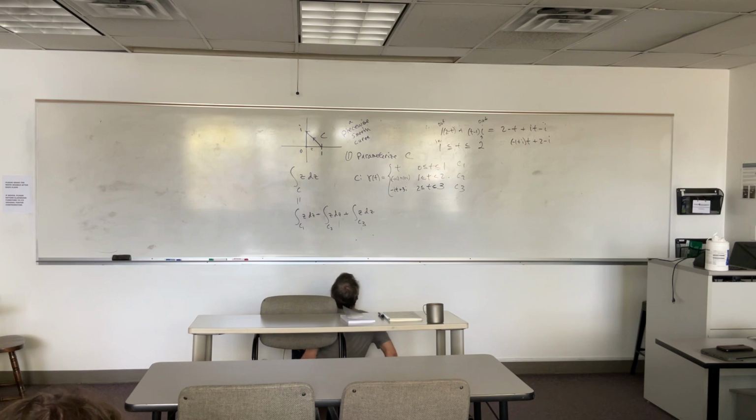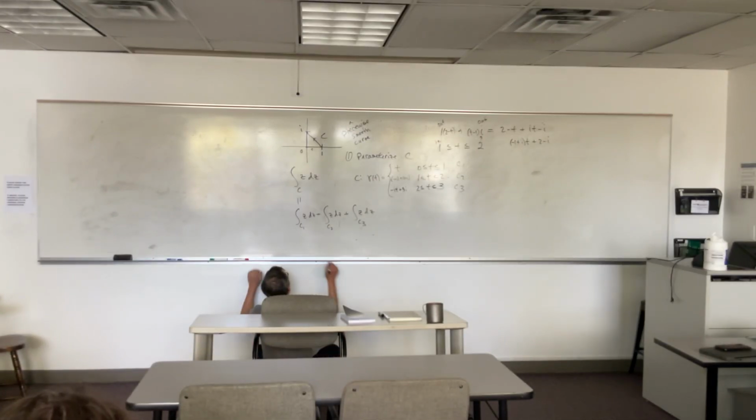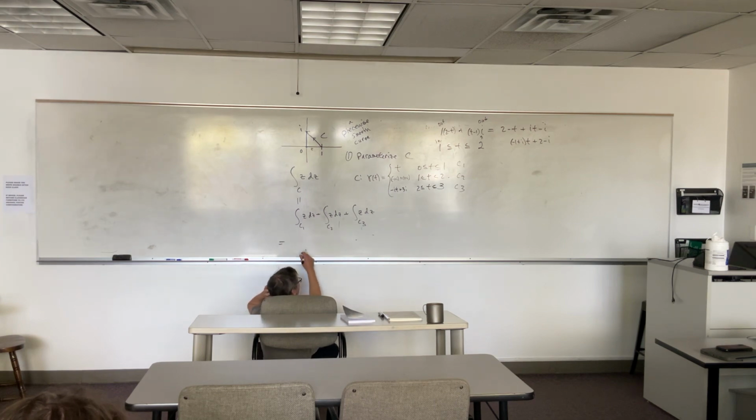So let's just do this together and see what we get. Notice that gamma is going to change on each of those intervals, right? And so gamma prime will as well.